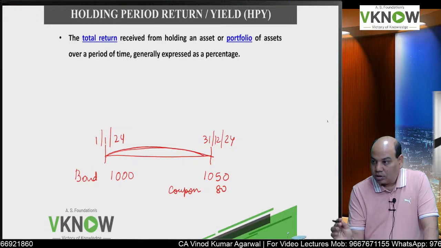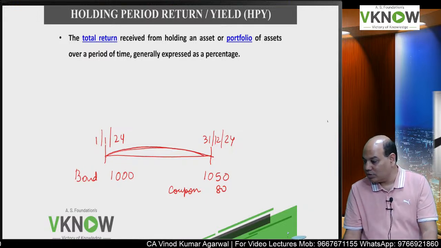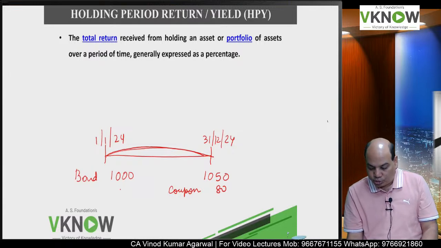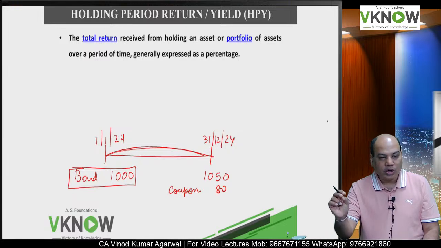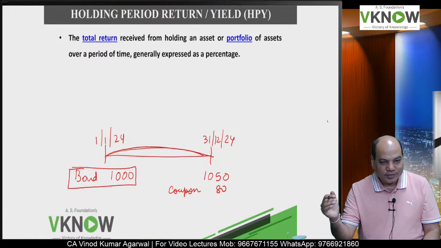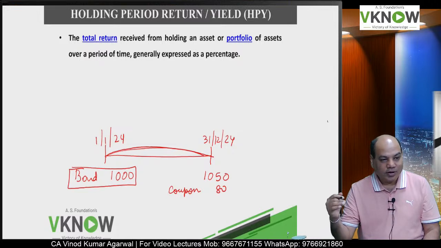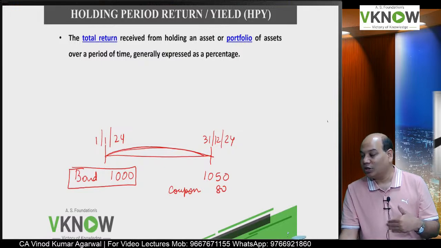Question is, how much rate of return have you earned? Can you calculate it? Put yourself in the place of this investor. You bought a bond for 1000 rupees. At year end, you got a coupon of 80 and you got the price of the bond as 1050. How much return did you earn?